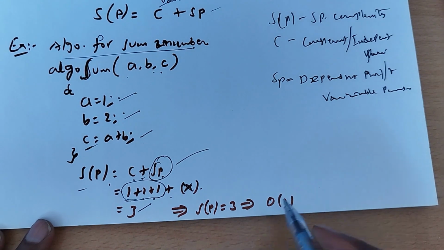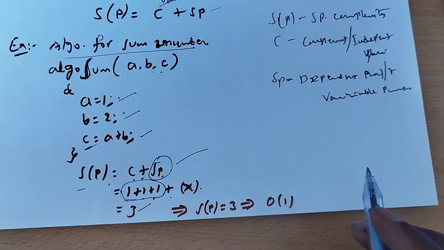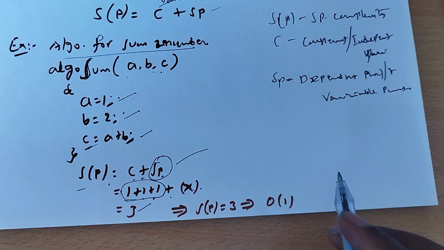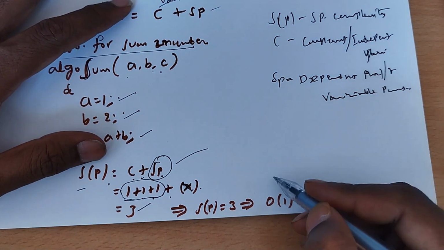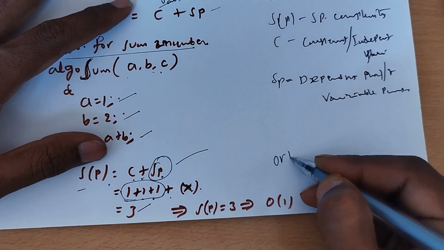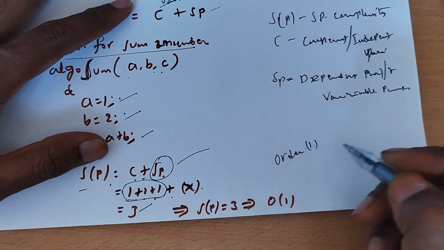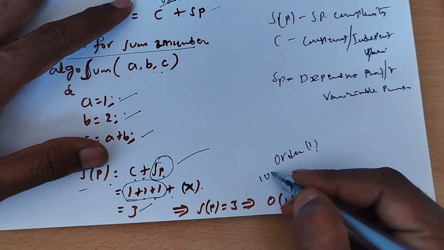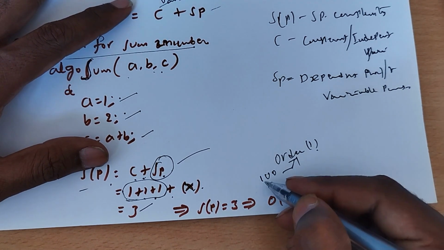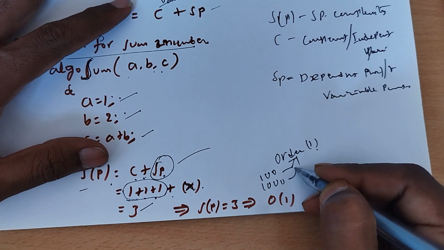It means when you are getting S(P) equals 3, it is a constant value. When you are getting a constant value, we have to write order of 1, O of 1. Here 3 means order of 1. And what about 100? 100 also order of 1. And 1000 also order of 1.